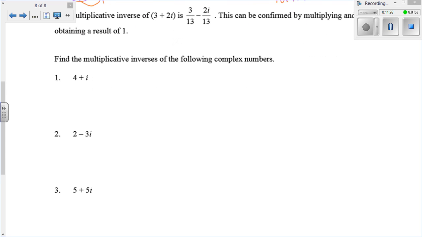So for number 1, find the multiplicative inverse of the following complex numbers. So what we need to do here is, well, first find the reciprocal. So it's 1 over 4 plus i. Then multiply by the conjugate, so it's 4 minus i.